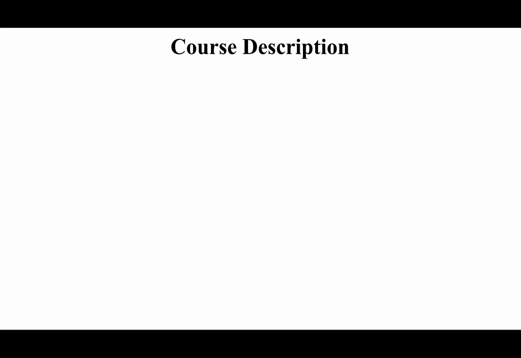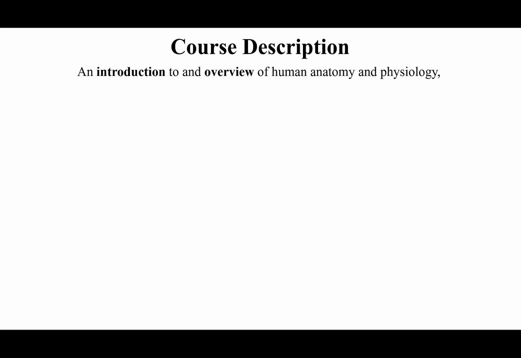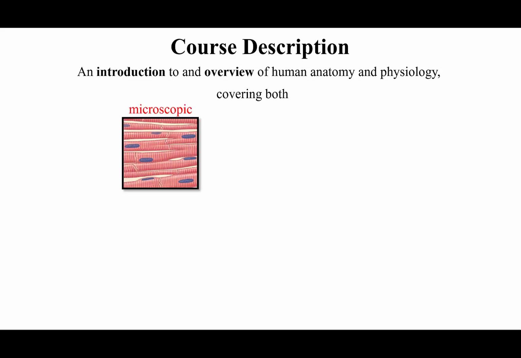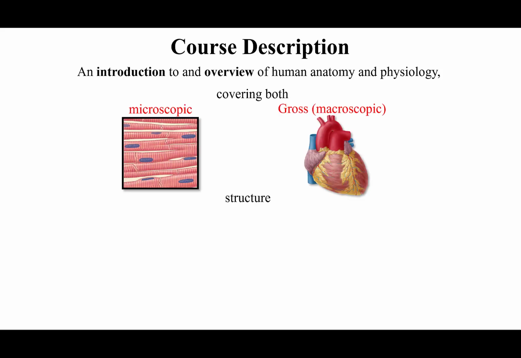Once again, this class will give you an introduction to the human body, anatomy and physiology, meaning we will look at the body structures, your body structures, and how they work to help you function as a whole. We will cover both microscopic and macroscopic structures.